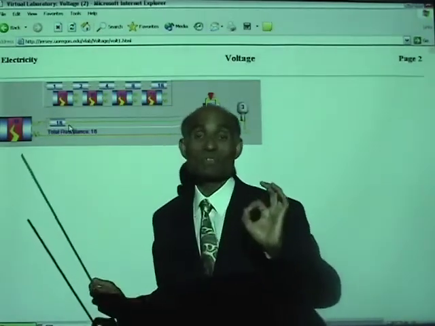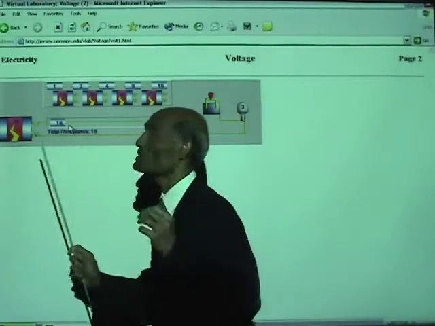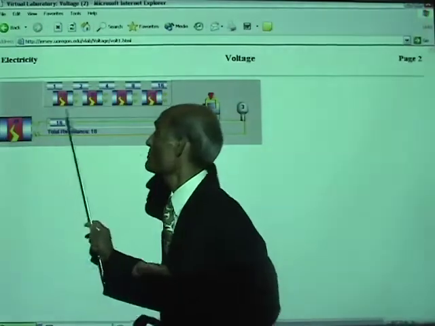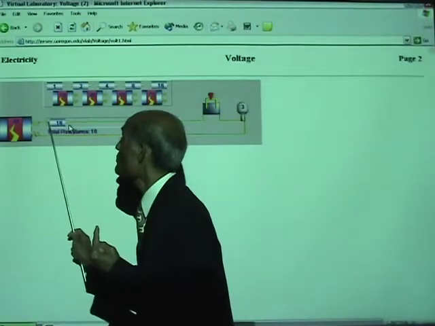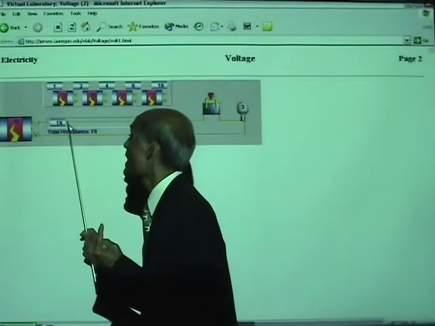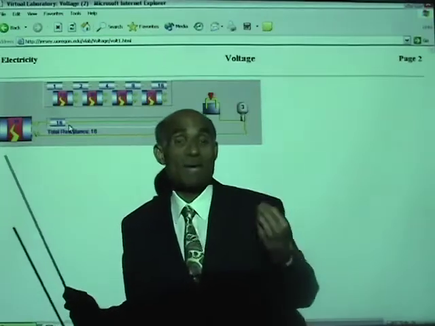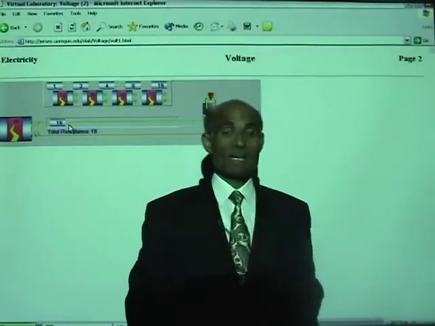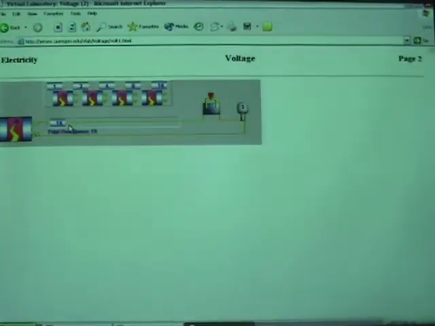What does that mean to you when we say the potential difference between the ends of the conductor is 36 volts? It means in order to drive 1 coulomb of charge from one end to the other, 36 joules of energy is spent.